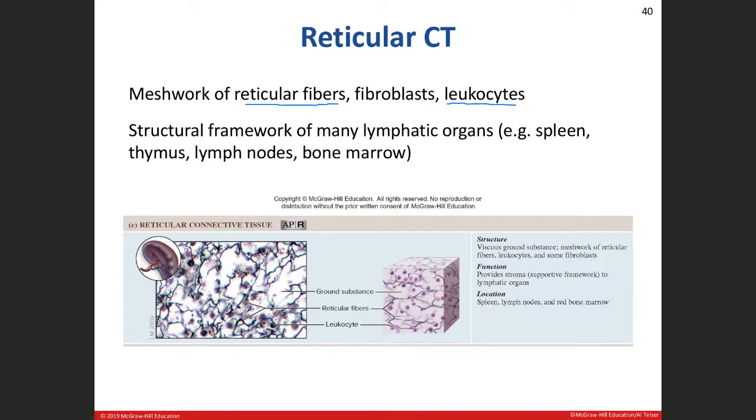So we'll see this tissue in our lymphatic organs, so spleen, thymus, the lymph nodes, and also where our bone marrow is located, in the medullary portion of a lot of our bones, where we produce the formed blood elements, which are white blood cells, red blood cells.